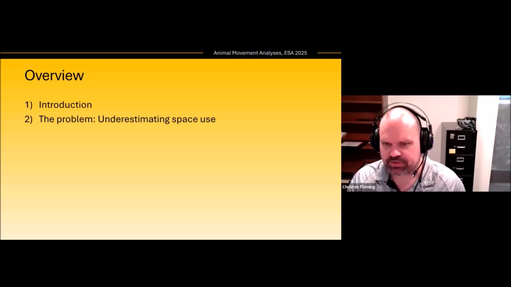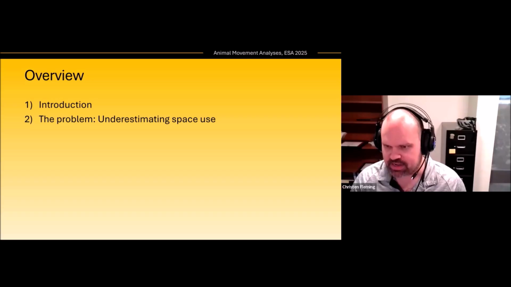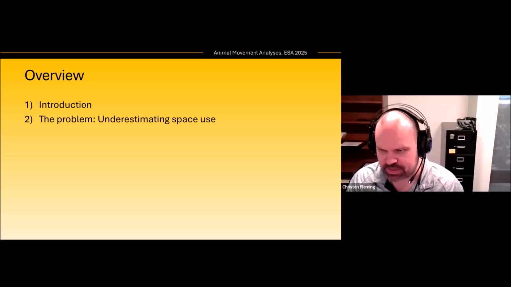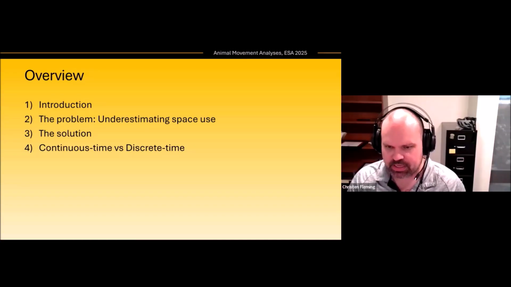So I'm just going to give a little introduction and I'm going to focus on one problem that's fairly well solved now statistically, which is estimating, and not underestimating, the space use of tracked animals. I'm going to talk a little bit about the solution, and then some of the more statistical underpinnings of the methods involved in the solution.